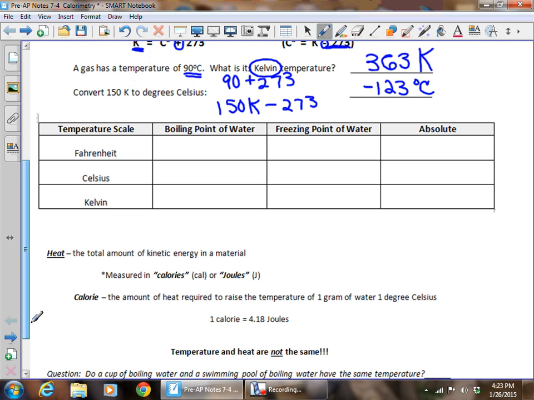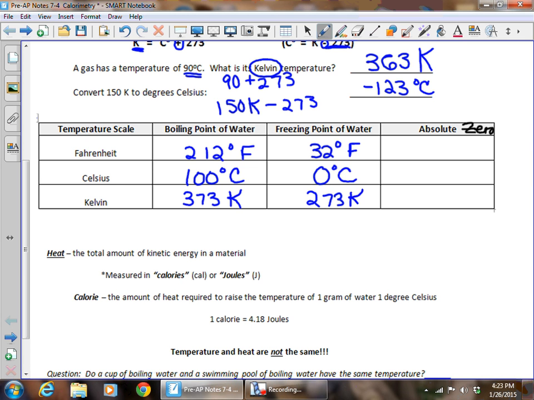I do want you to know some of the common temperature values in Fahrenheit, Celsius, and Kelvin: the boiling point of water, the freezing point of water, and absolute zero. So the boiling point of water is 212 degrees Fahrenheit, 100 degrees Celsius, and of course add 273 to that, 373 kelvins. Our freezing point of water is 32 degrees Fahrenheit, 0 degrees Celsius, and 273 kelvins.